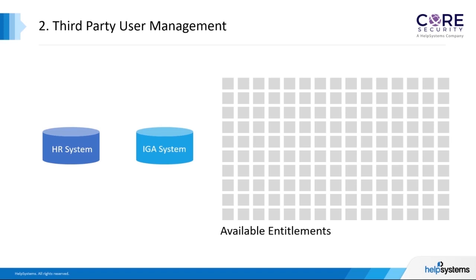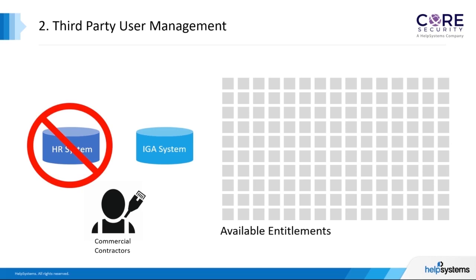But then when we bring in the third-party user management, unfortunately, when you're looking at things like commercial contractors, we'll just use this as an example. Obviously, these aren't direct employees of the company, so they're not going to be added into the HR system directly. And oftentimes, the information for those contractors is captured in some completely third or side system, where there's some other process external to anything that you're seeing here.